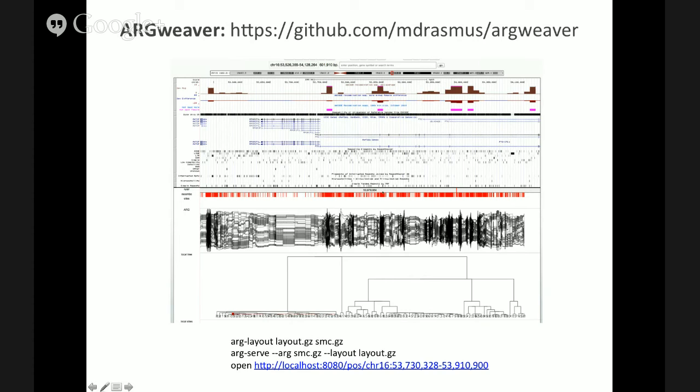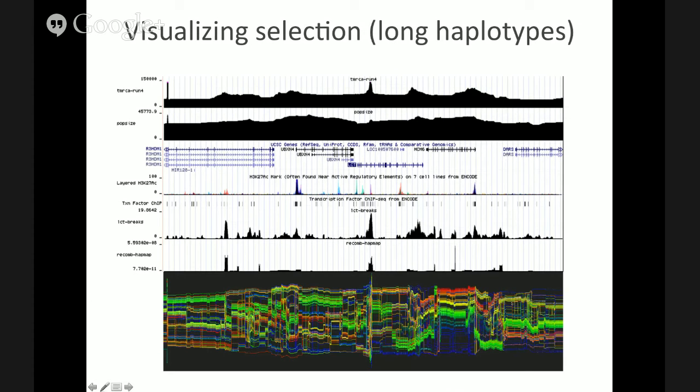And you can click on any site in the genome to look at its local tree. And more examples: a site that is under selection will have long haplotypes, and those show up as a region where the shuffling does not occur very frequently.